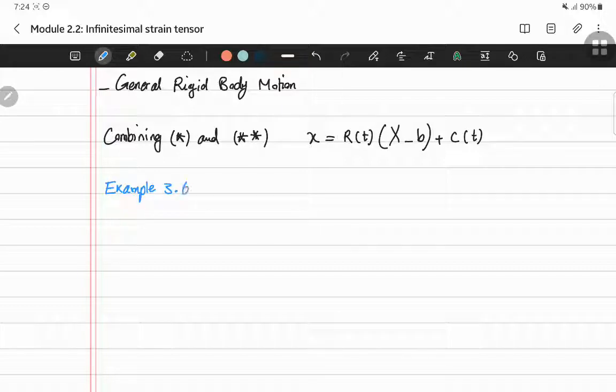Example 3.62 states that we're going to derive a relation between the velocity of a general material point and the angular velocity. So we're going to create a connection between the velocity of a point and its angular velocity in the general form.